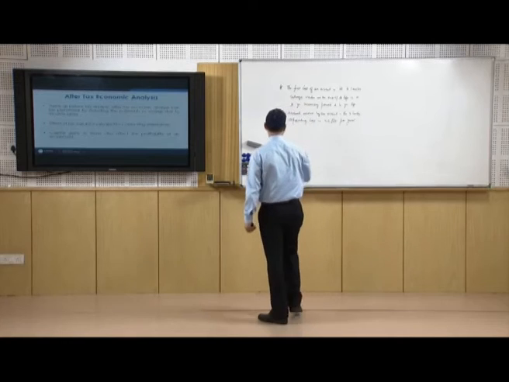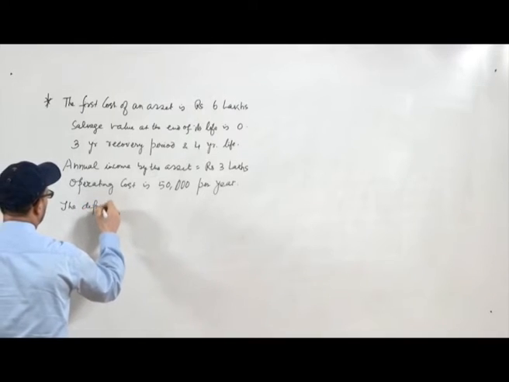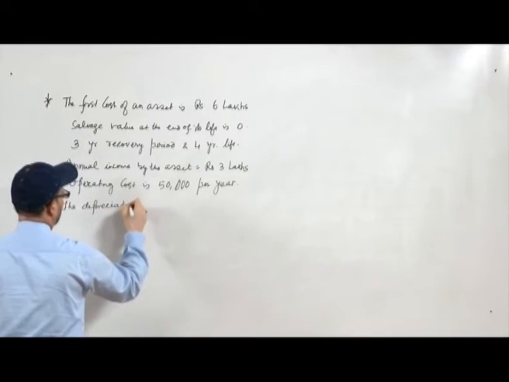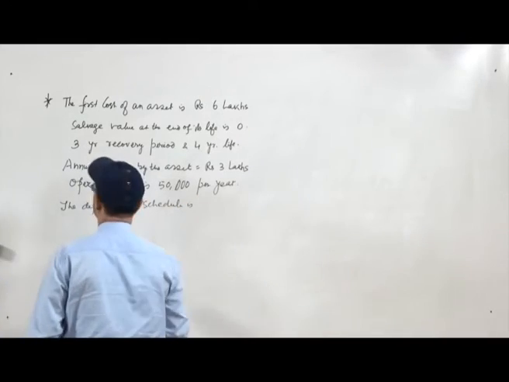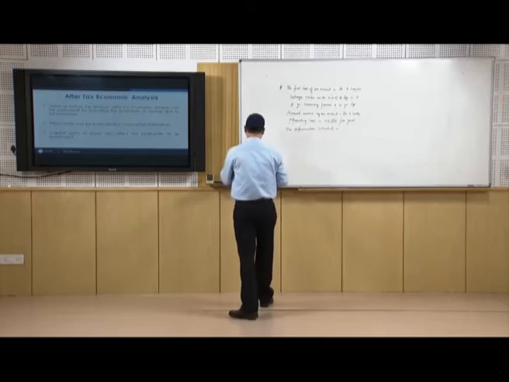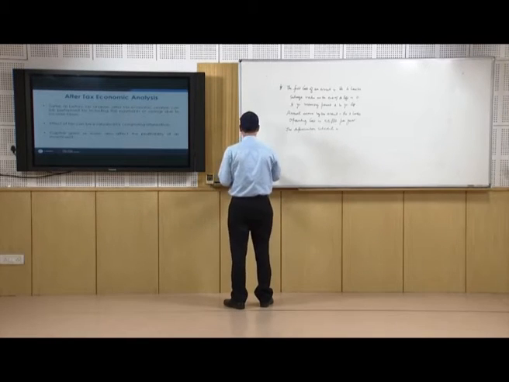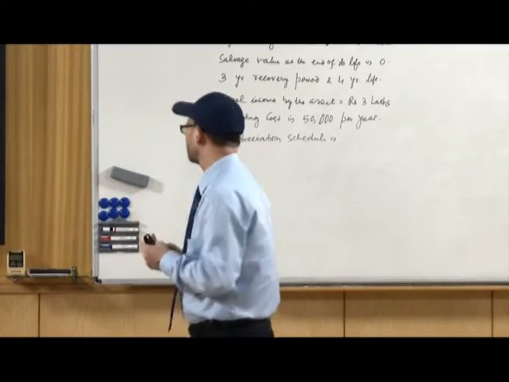The depreciation schedule is straight line with half year convention. So, if we take straight line with half year convention, the depreciation has to go into the 4th year.